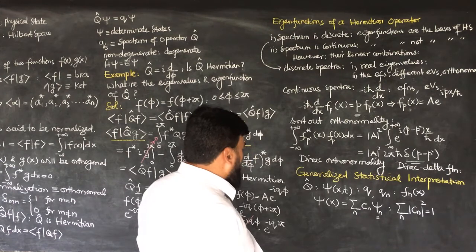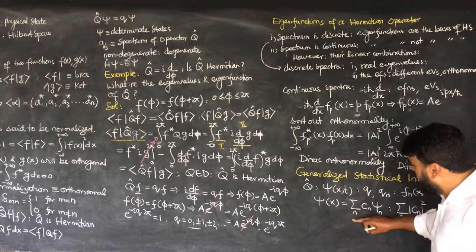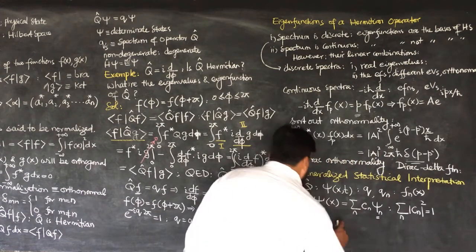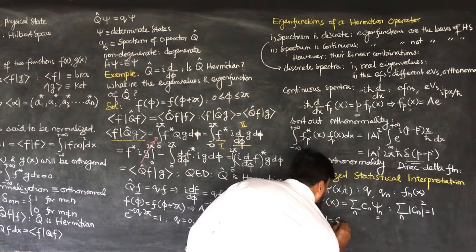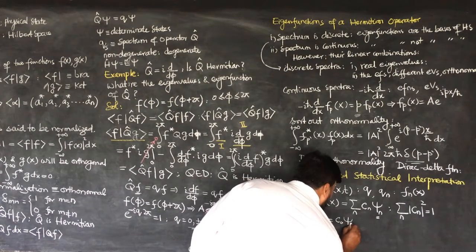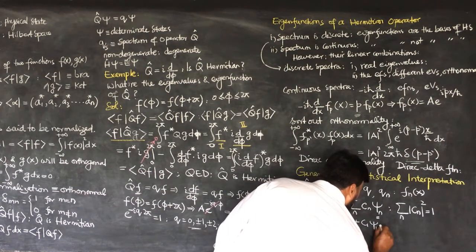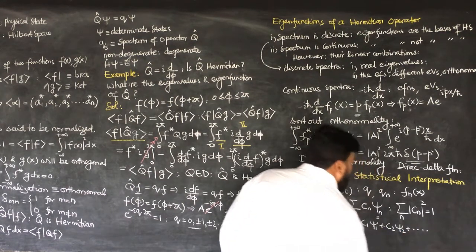So this is a statistical interpretation in the sense that we write a linear combination of these. For example, psi of x will be C0 psi 0 plus C1 psi 1 plus C2 psi 2 and so on.